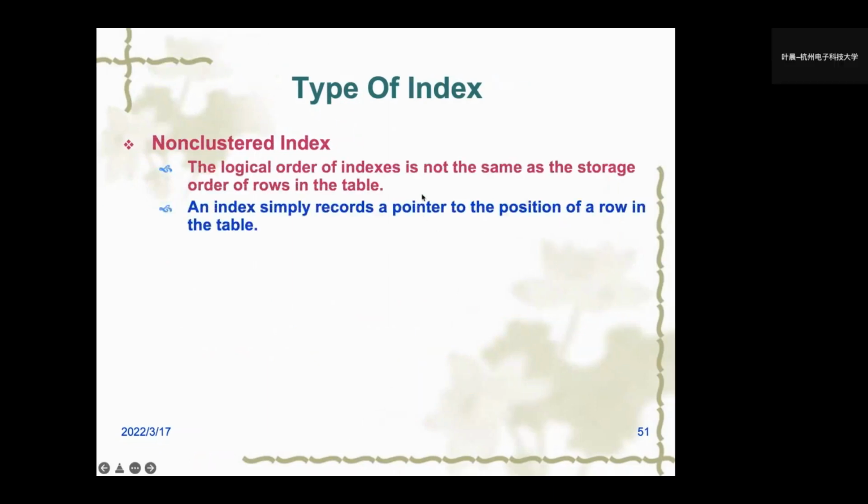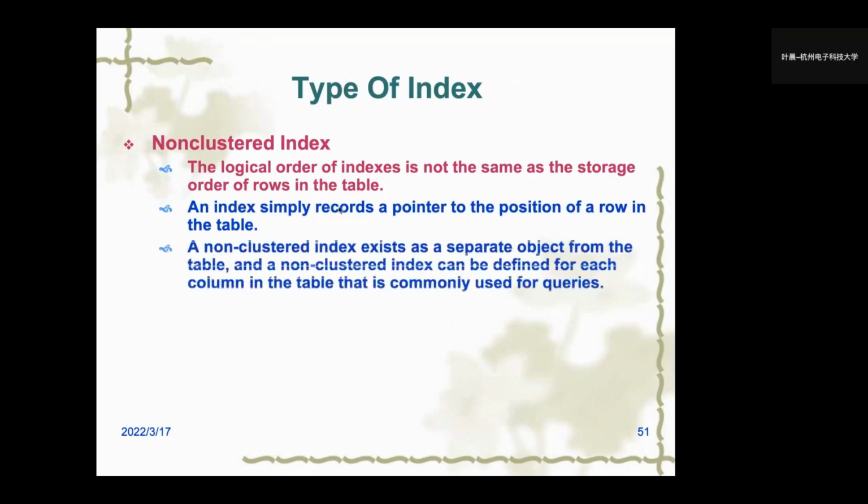And for the non-clustered index, the logical order of indexes is not the same as the storage order of rows in the data. An index simply records a pointer to the position of a row in a table.